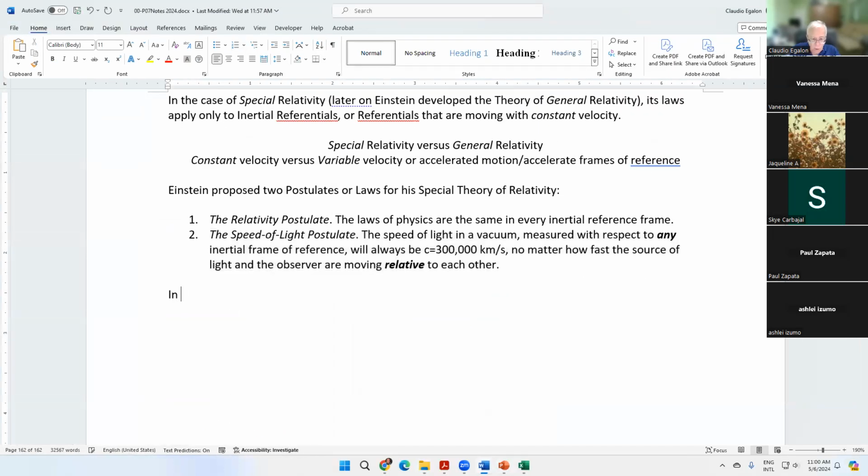So in the second postulate, Einstein was proposing a completely new way of thinking. That's why it was so revolutionary.